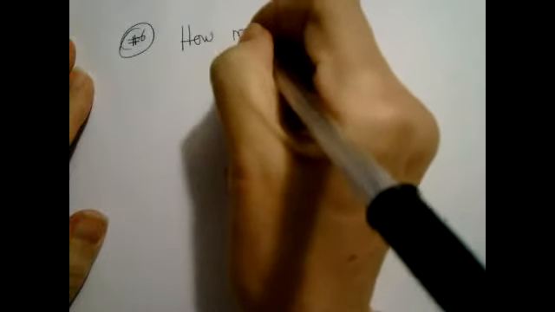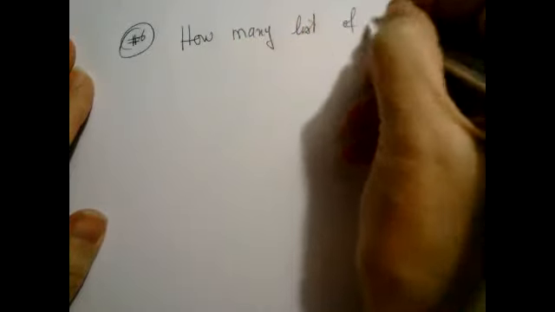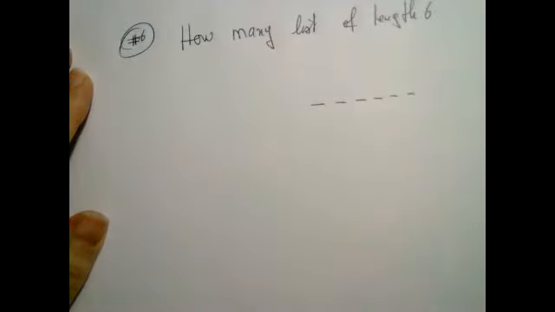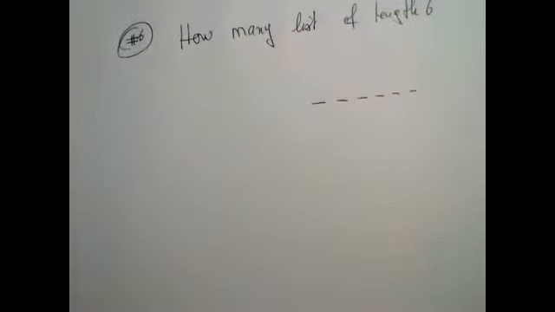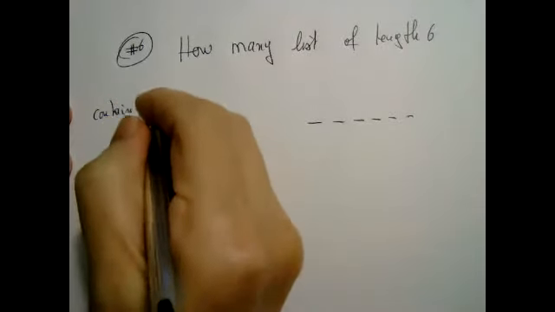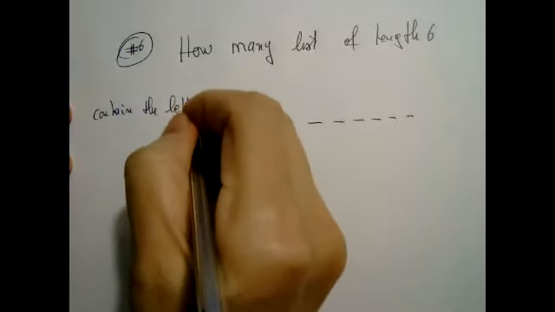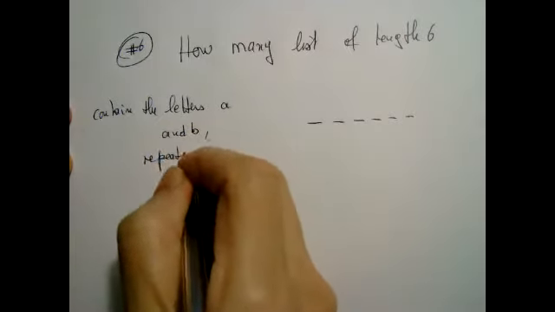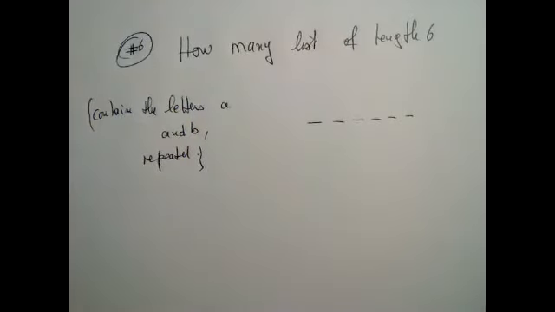I will just write it up and discuss it a little bit. It was number 6, I guess, and the question is: how many lists of length 6, so positions 1, 2, 3, 4, 5, 6, have the following property: they contain the letters A and B, and letters can be repeated.